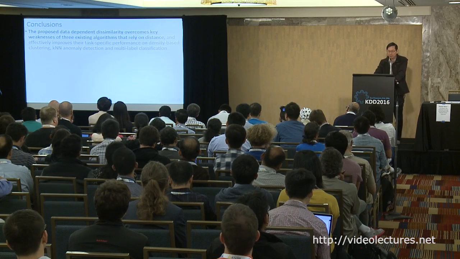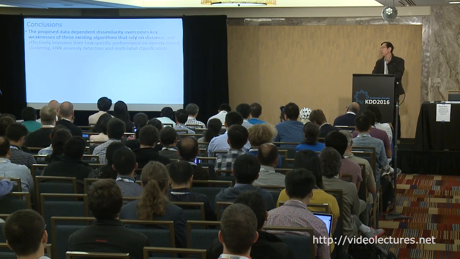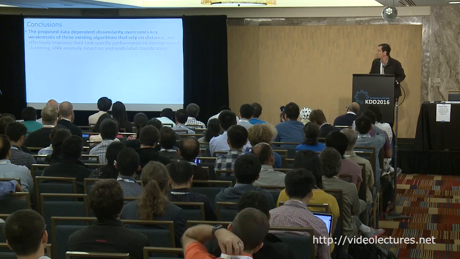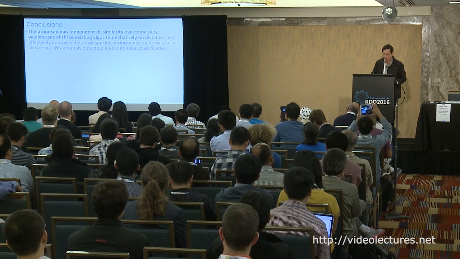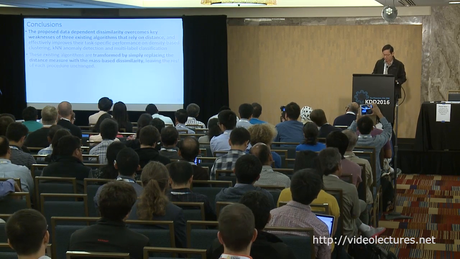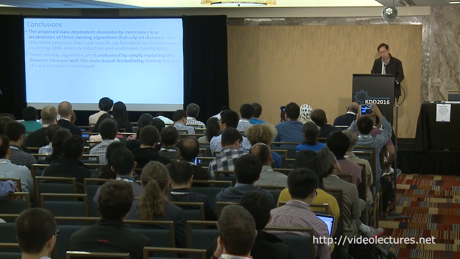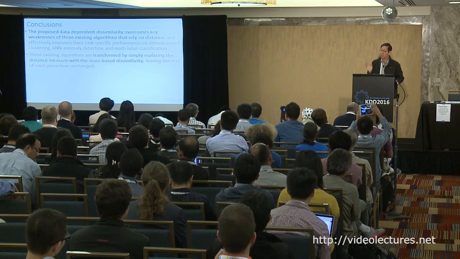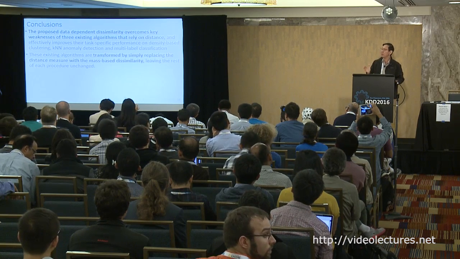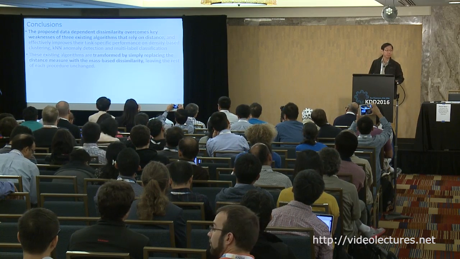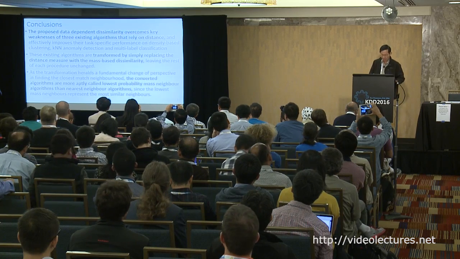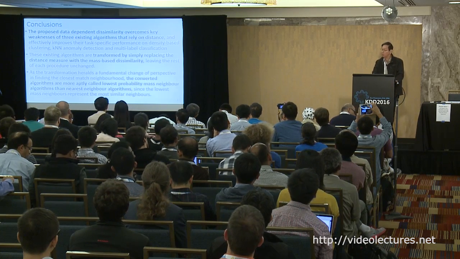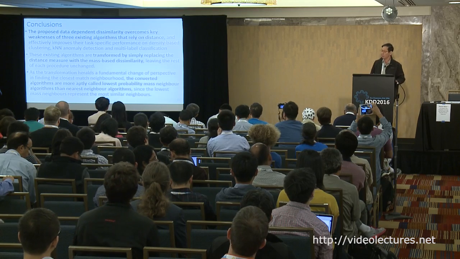So, conclusion: the proposed data-dependent dissimilarity measure overcomes the key weaknesses of three existing algorithms that rely on distance. What we show here is that you can transform your existing algorithm by simply replacing the distance measure with a data-dependent measure. And the transformation, in fact, is a fundamental change of perspective, as I showed you earlier.